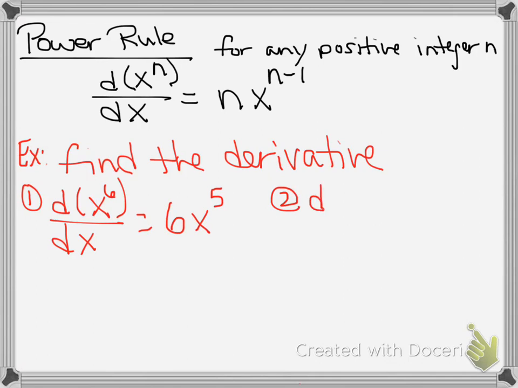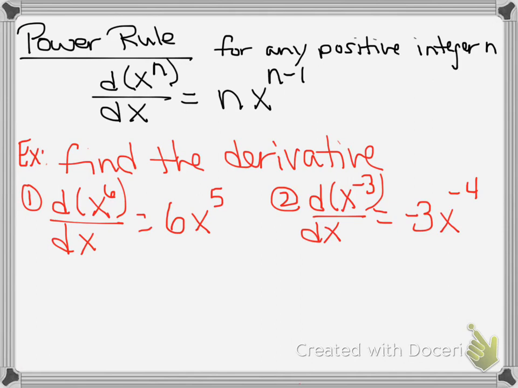Awesome. Let's do x to the -3 with respect to x. Again, the exponent comes down, and then you subtract 1. Careful, we're dealing with negatives here. -3 minus 1 is -4.